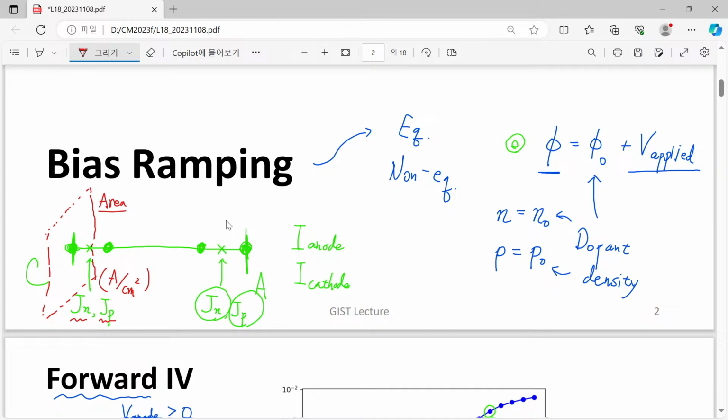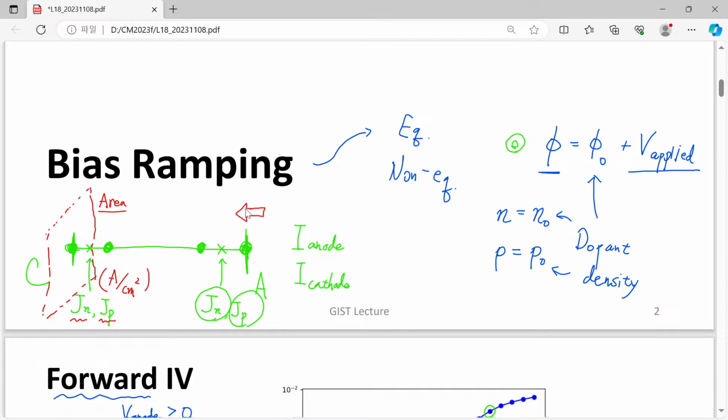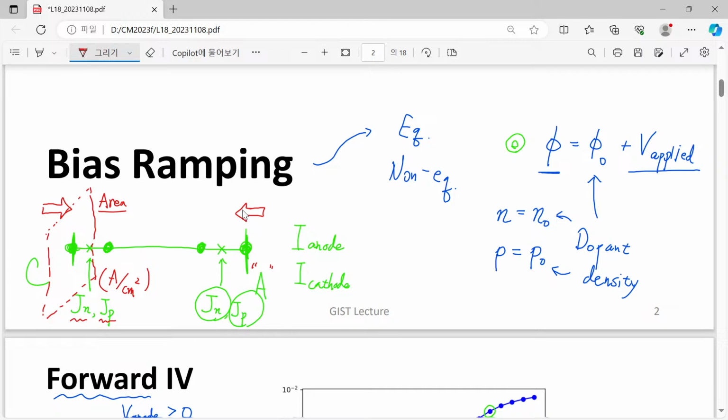So which sign? Since terminal current is always given as positive when they are incoming, the meaning of incoming can be dependent on the contact. For example, when you consider this A contact, anode contact, actually this direction is the incoming direction.